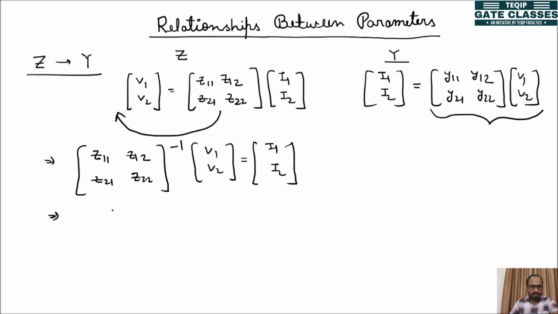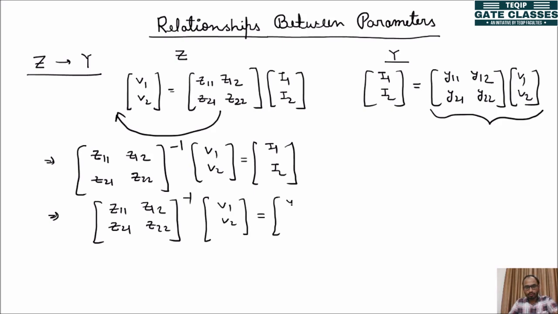Now we can write [Z11 Z12; Z21 Z22] inverse [V1 V2] is equal to [Y11 Y12; Y21 Y22] [V1 V2].